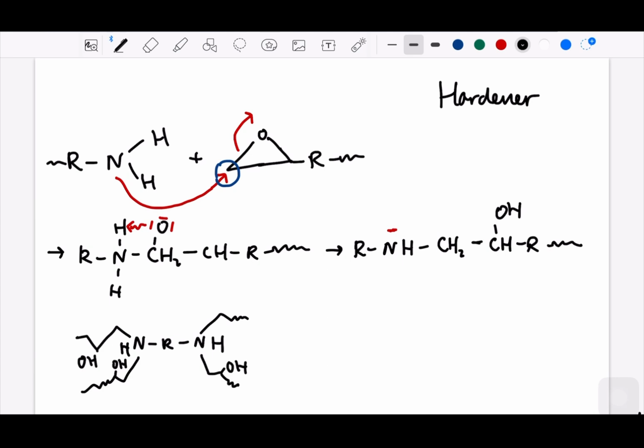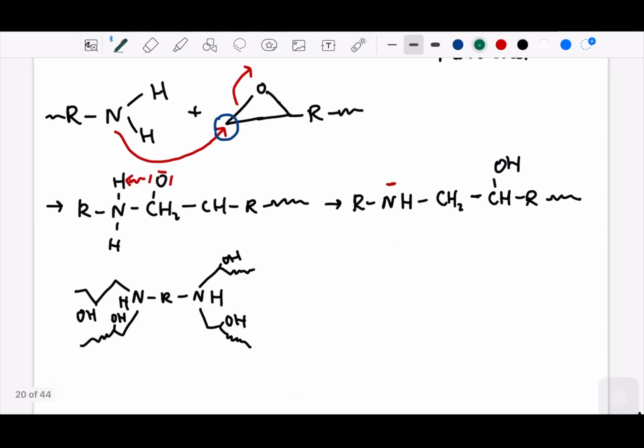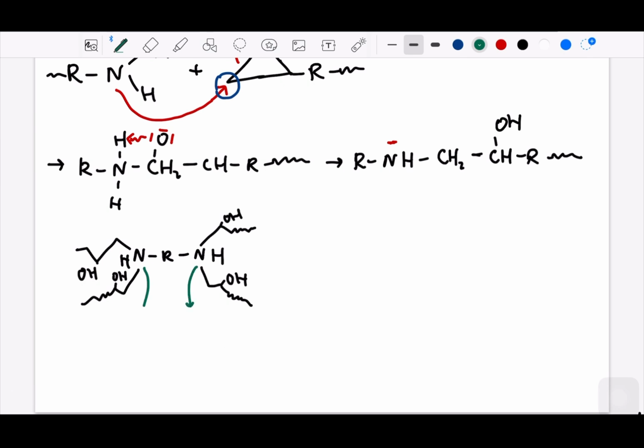So this is precisely the same as the previous picture. I mean, the N is attacking the epoxide. So there is another epoxide that is going to react with this nitrogen and make this four chain.